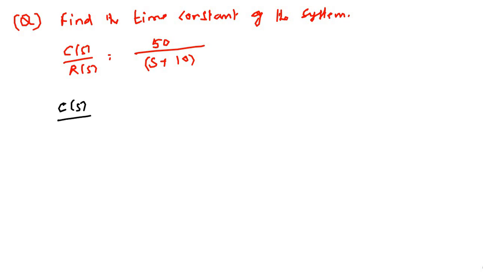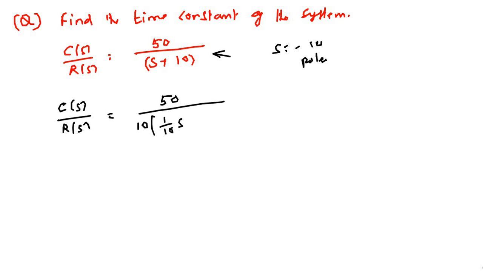So rewrite the transfer function. C of S divided by R of S is equal to 50 you are having here. You take this in pole zero form actually. There is a pole at s equal to minus 10. So take 10 outside, you will have 1 by 10 s plus 1.